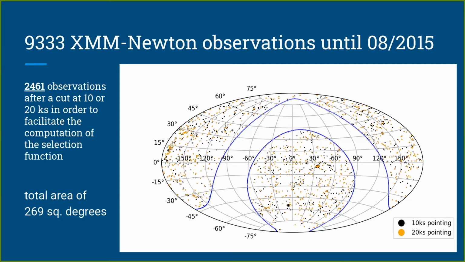And this is actually the special point of this catalog: it's not just a catalog of X-ray clusters, it has a selection function. You can see here the layout. It's all around the sky, excluding the galactic plane, and it covers a total area of 269 square degrees.